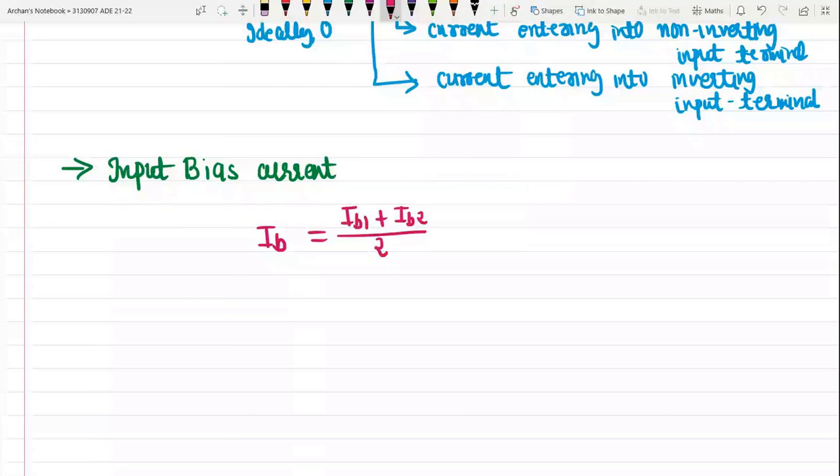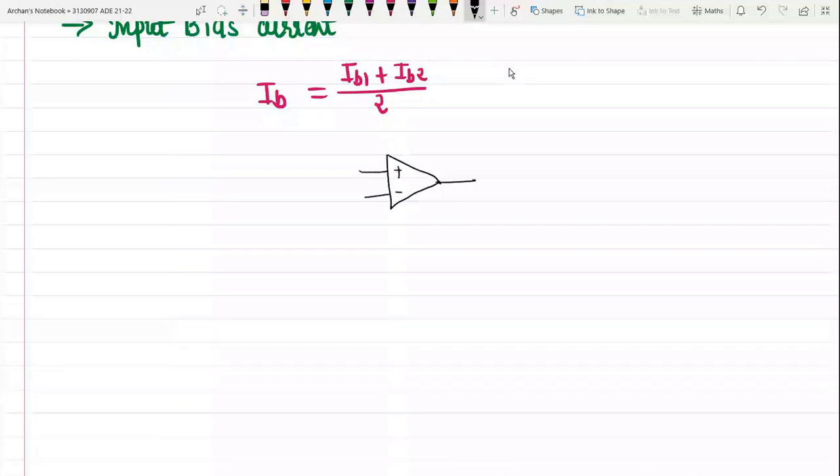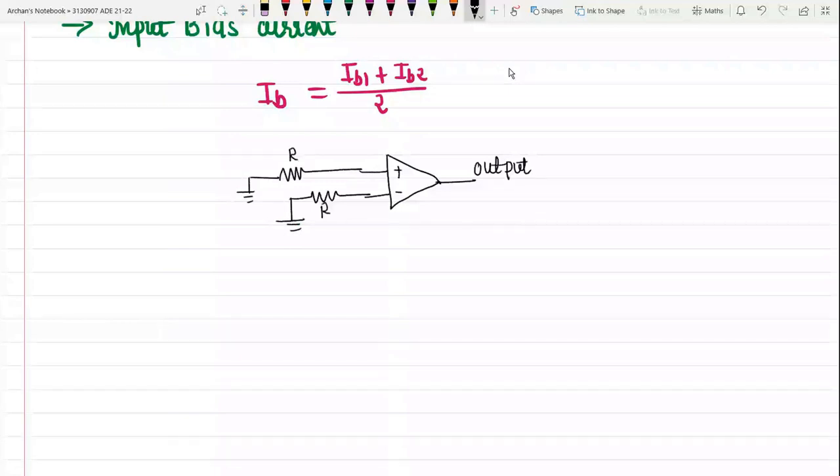Practically, we have this operational amplifier with two inputs. One is the non-inverting input terminal, another one is the inverting input terminal, and we are taking output over here. Now I am grounding both the input terminals, and because of the mismatched characteristics of the transistors, there will be a flow of current through the bases of these transistors, IB1 and IB2.